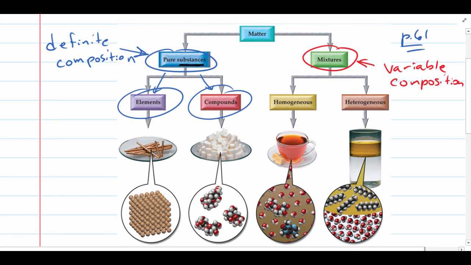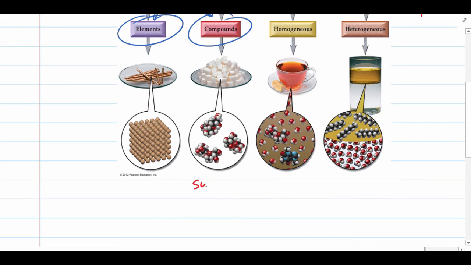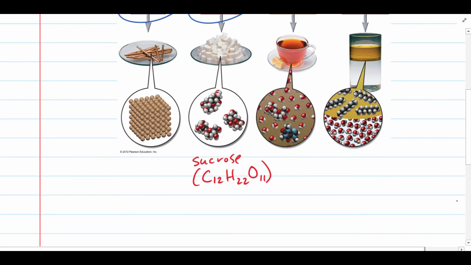An example that this is showing here, I believe, is sucrose sugar. The formula for sucrose sugar is C12H22O11. Another example of a compound would be this here, which is salt.